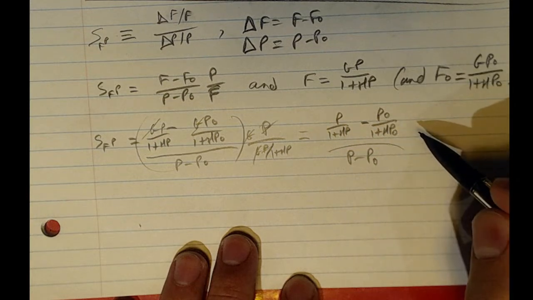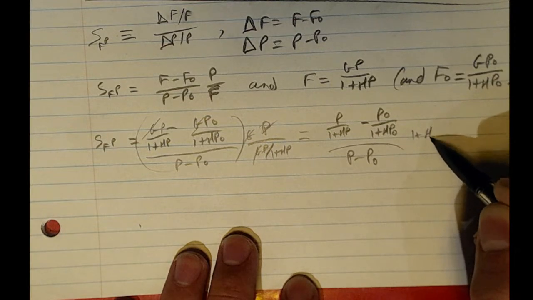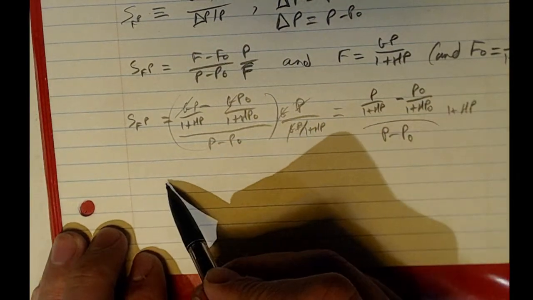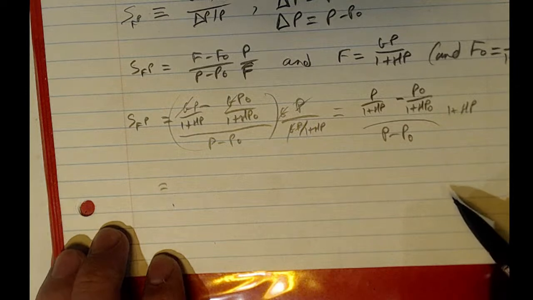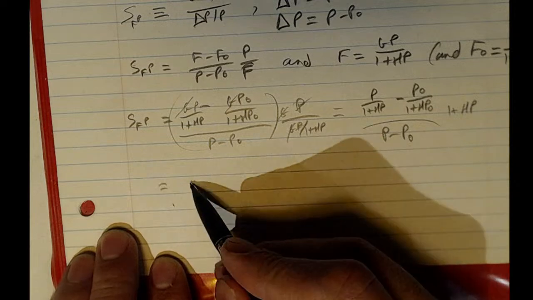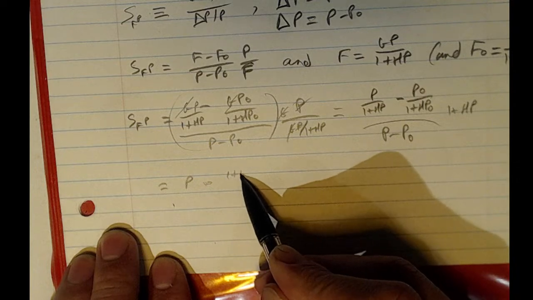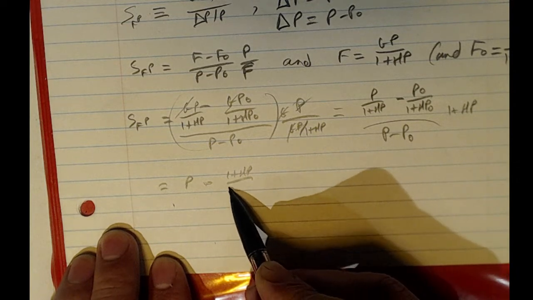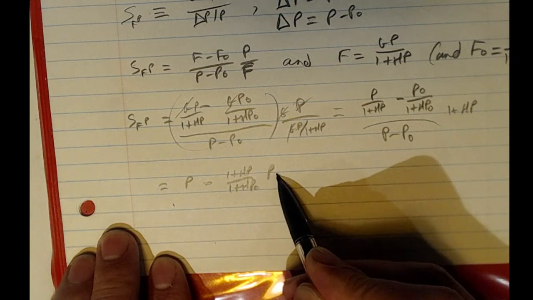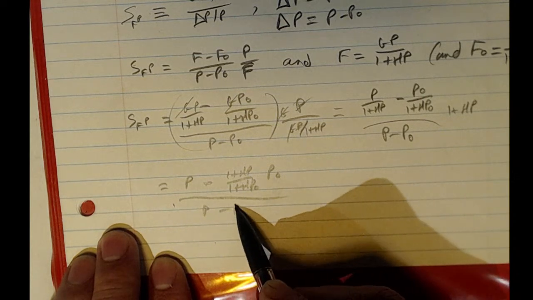So actually we just have 1 plus HP. So let's just do this. P minus 1 plus HP over 1 plus HP naught times P naught over P minus P naught.